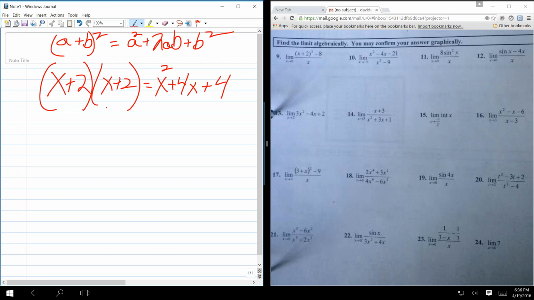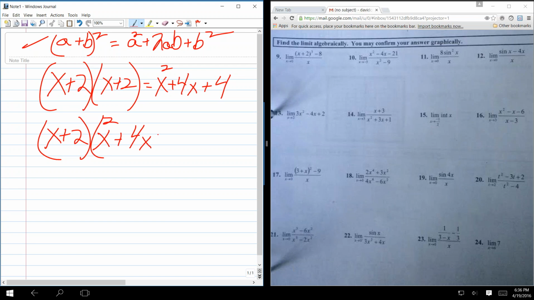So it allows you, without going through the foiling process, because when you go through the foiling process, you end up with 2 terms in the middle that you then have to simplify and combine. Well, if you go this way, you don't do that. You just get directly there. Now we want to multiply that by that.